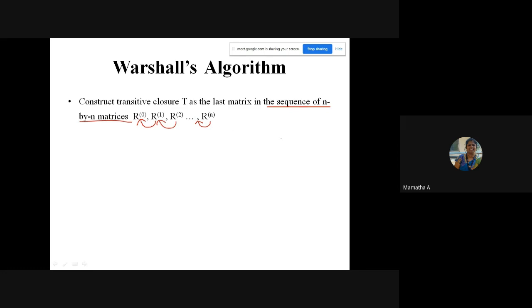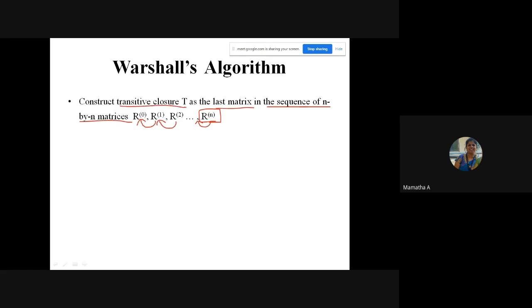I will find out all the solutions of these subproblems. After finding all the solutions using the bottom up fashion, as I've told you, you get the final solution. The final solution is the last matrix you obtain in the sequence, that is R to the power n, which is your transitive closure.